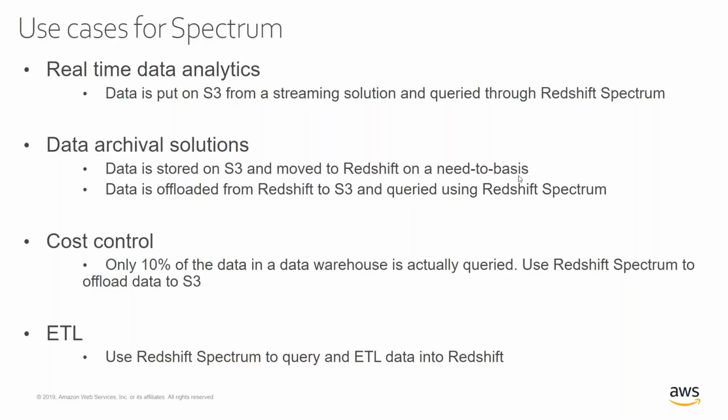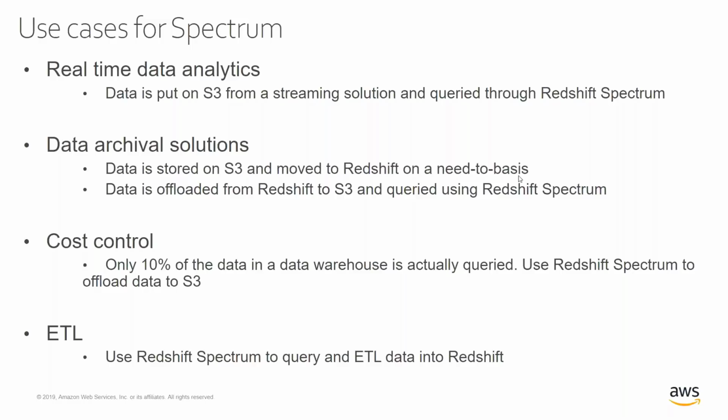We see this as a very interesting use case from our customers where the data is showing up on S3. Let's go back to the real-time data analytics. You're bringing IoT data, you're bringing clickstream data from various sources. It ends up on S3. Customers are using Redshift Spectrum for ETL because the skill sets that they have are, let's assume, more SQL-based.